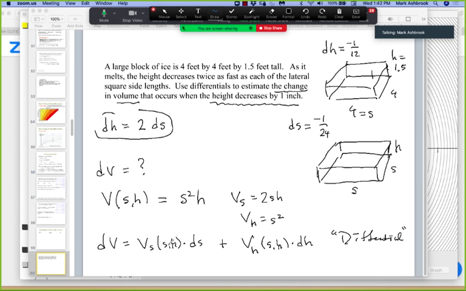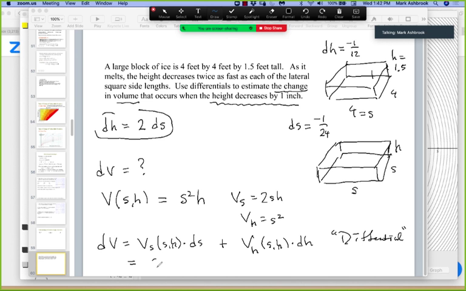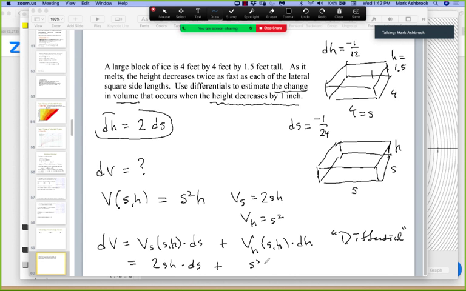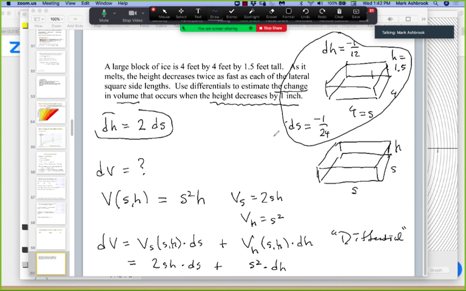So now we got everything and we can plug it in. We got dV equals 2sh times dS plus s squared dH, and we have all of those. We have s, we have h. So we're going to take all those values, s, h, dS, and dH, and plug them in.